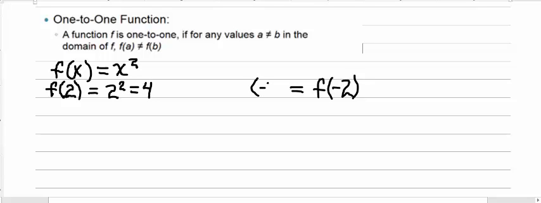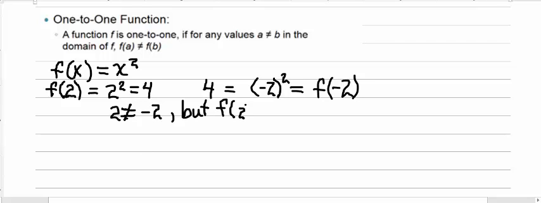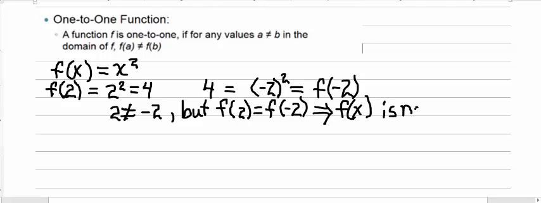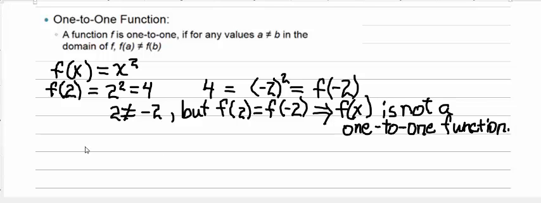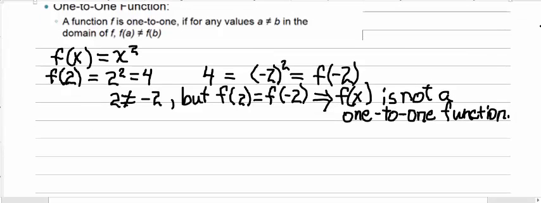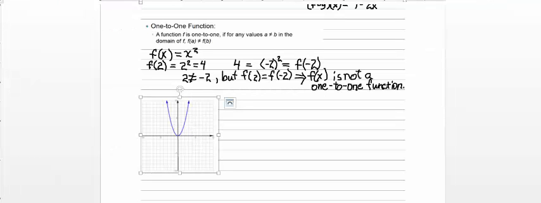Sometimes it helps us understand something if we look at what it isn't. 2 is not equal to negative 2, but f of 2 is f of negative 2. So that means f of x is not a one-to-one function.